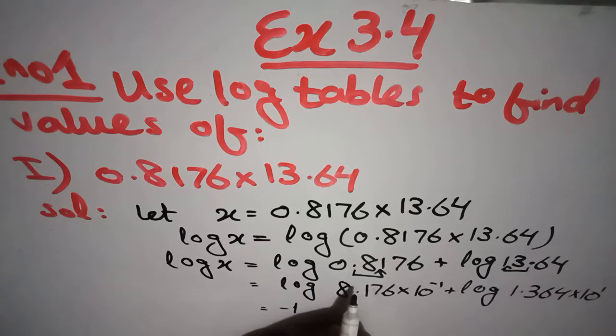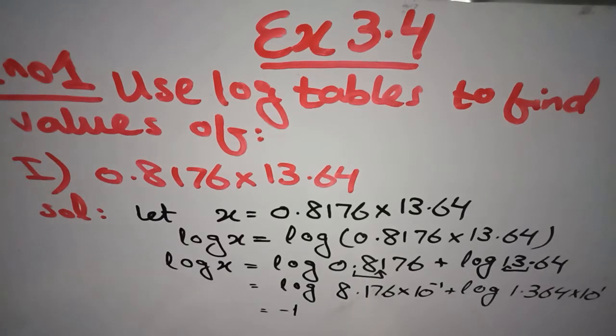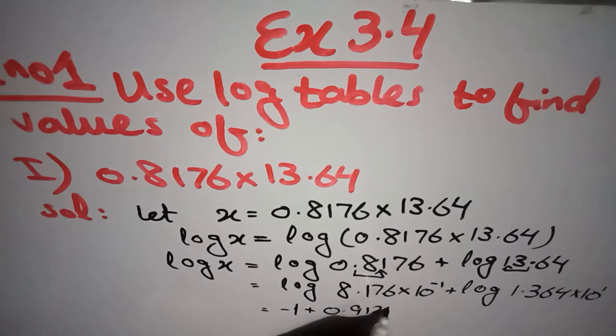For the mantissa, you can see the 81st row, 7th column, and 6 in the mean difference column from the book. To find the value, characteristic plus mantissa will be 0.9125 for this value. You will find the logarithm by characteristic plus mantissa.